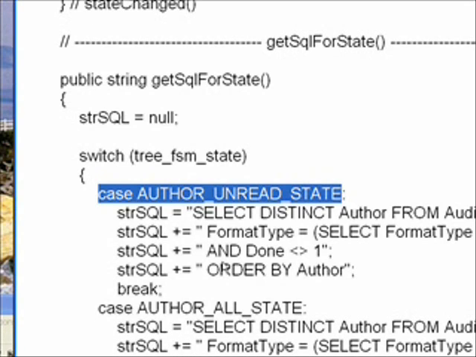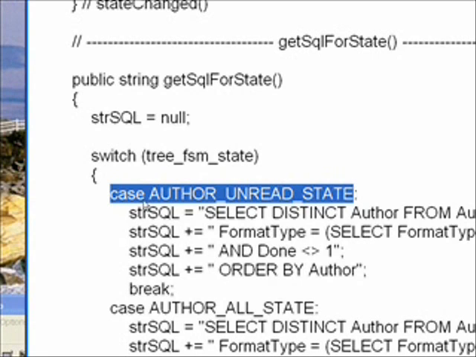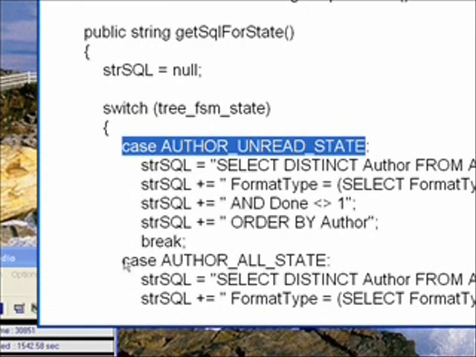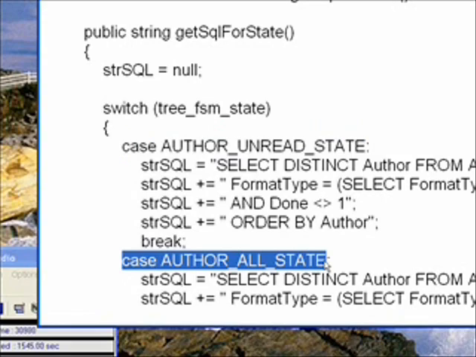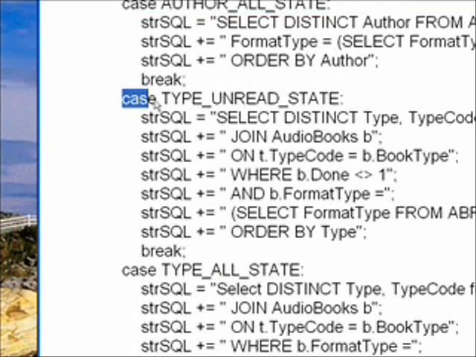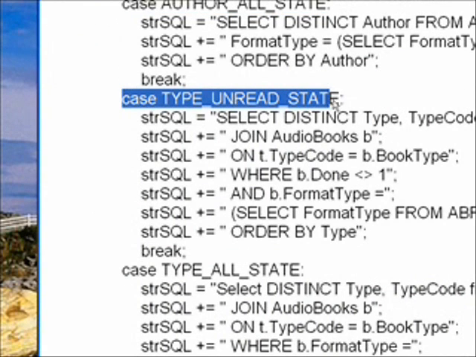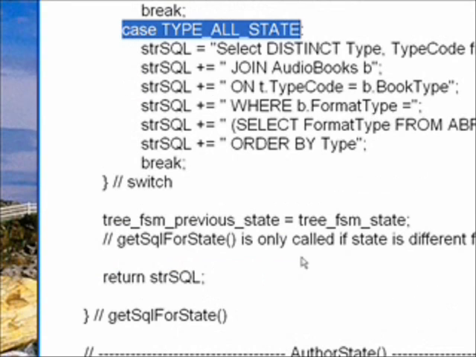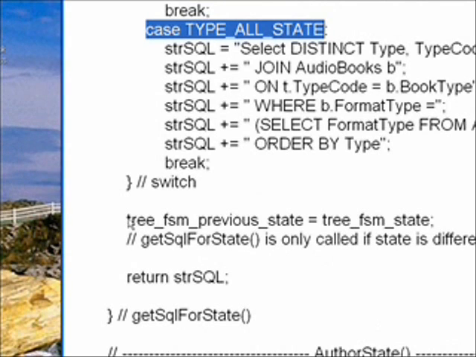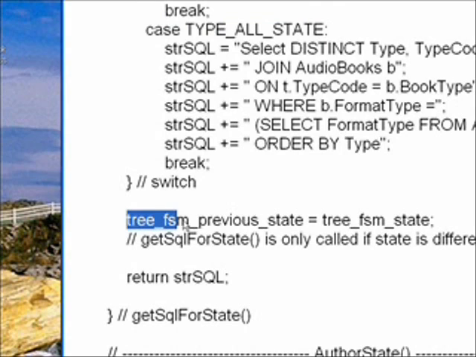And the last thing we do before we leave this method is we set the tree FSM previous state to be equal to the tree FSM current state. And once again, this shows that the two methods are acting as a team, because the previous method is going to check if these are the same, and once we return the SQL, we're saying they are going to be the same.